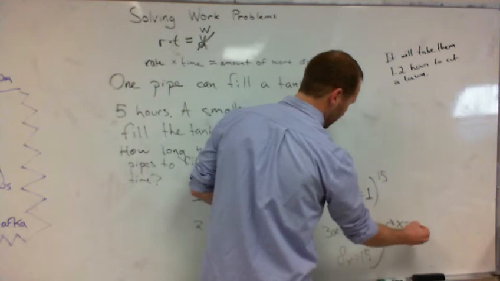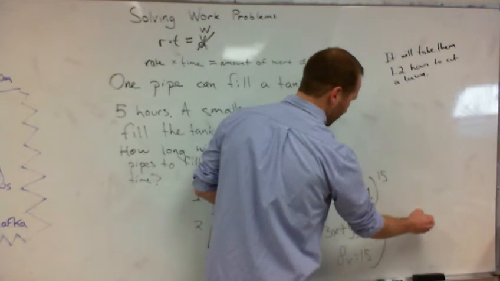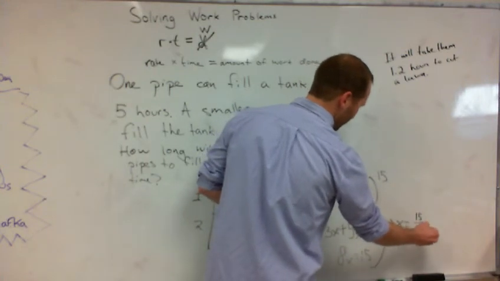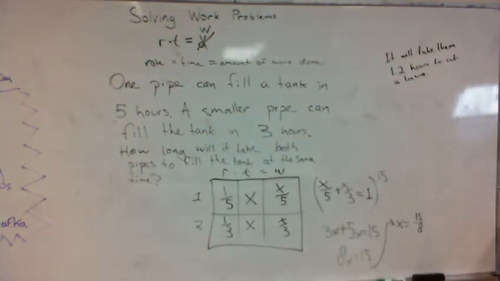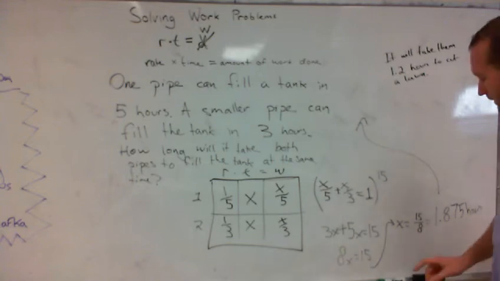So x equals 15 eighths, 1 and 7 eighths. Yeah, so according to the book, 15 eighths is 1.875 hours. Let's go back up to our problem.